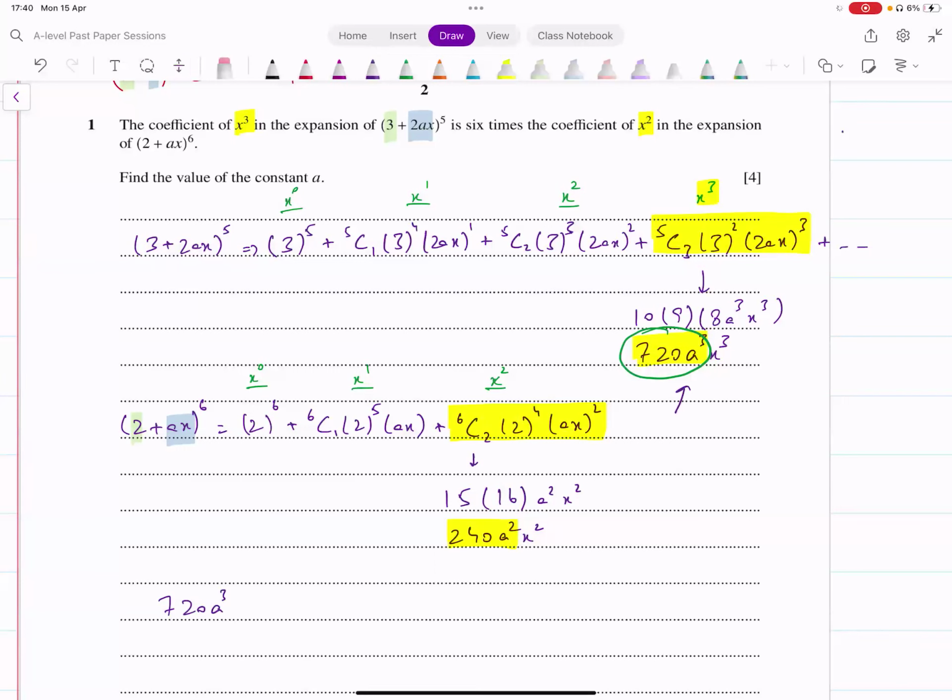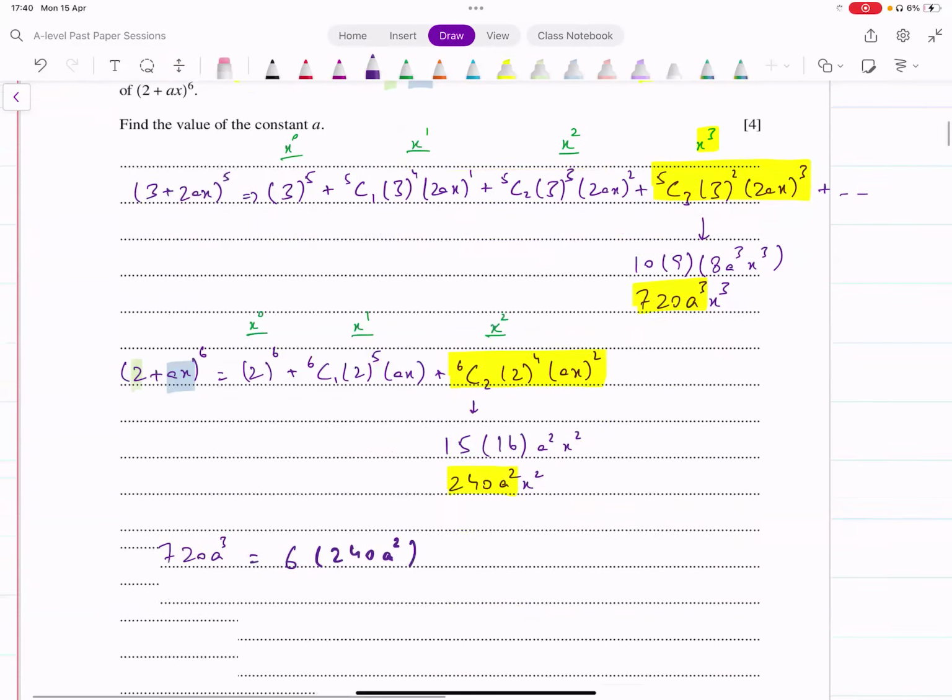That's the first one. This is supposed to be 6 times this second coefficient. What does that become? 6 into 240a squared. And now you just need to solve this, find the value of the constant a, and see what that turns out to be.